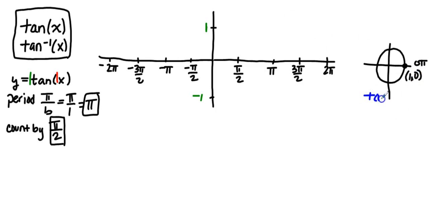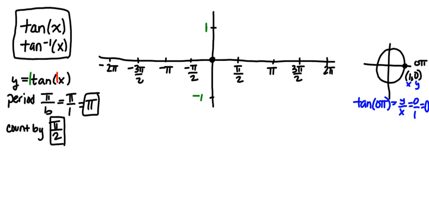Tangent of 0 pi, or 0, is going to be y divided by x, which is 0 divided by 1, which is 0. So tangent does start right here at the origin when we're graphing tangent of x.